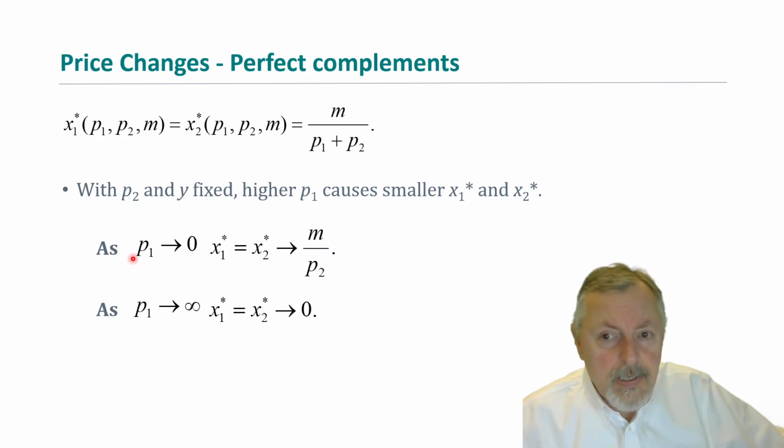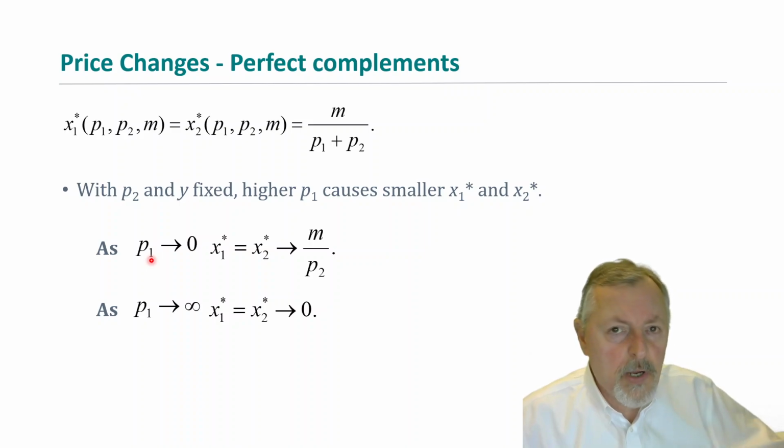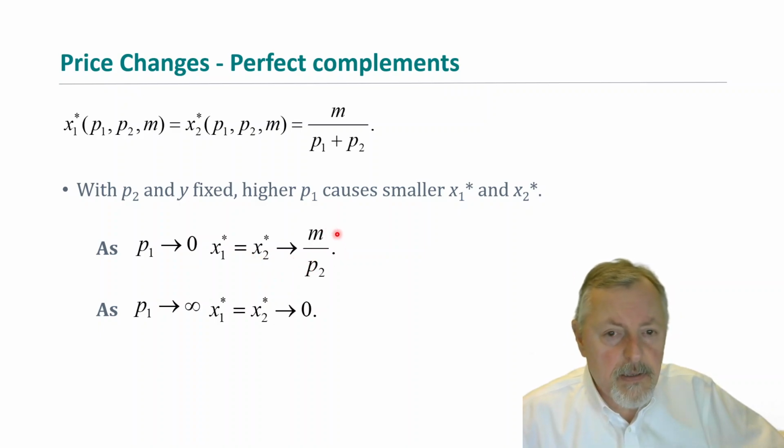Now, as the price of commodity 1 with perfect complements drops, we're going to end up purchasing the same quantity of x1 and x2. It'll just be our income divided by the price of x2. Look up here. If the price of x1 goes to 0, then this term falls out, and m over p2 is what we have here.